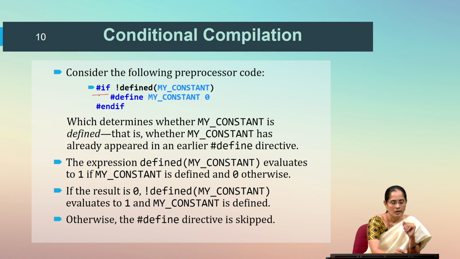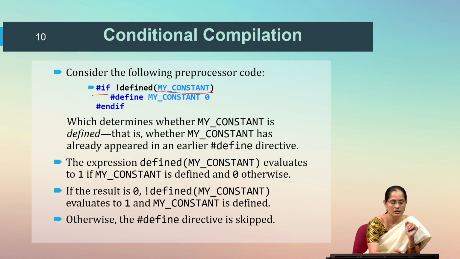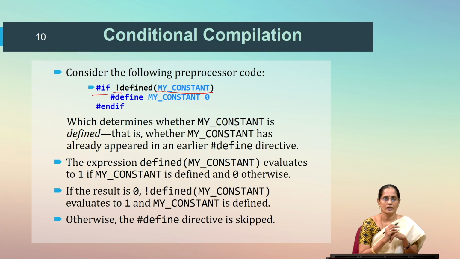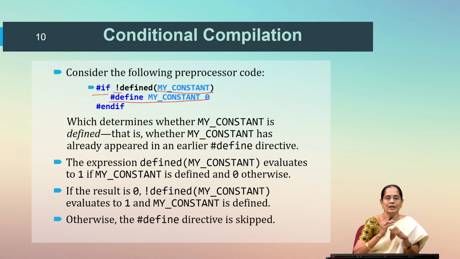So, this hash if will check whether we have already defined the symbolic constant my constant. If it is not defined, this not symbol will allow you to check if it is not defined. If it is not defined, we can go for defining the value of my constant to be 0.